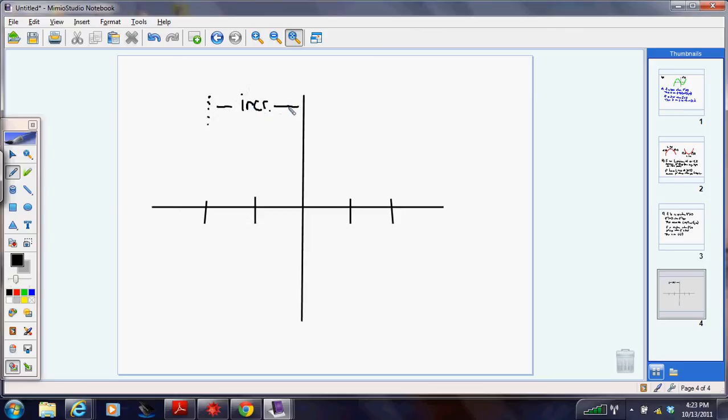So from here to here, and then again from 2 to infinity. Okay, so over here, so this way increasing as well, and that way. So the graph was decreasing from 0 to 2, so let's stick that in here, decreasing, right there, and then again from negative infinity to negative 2.